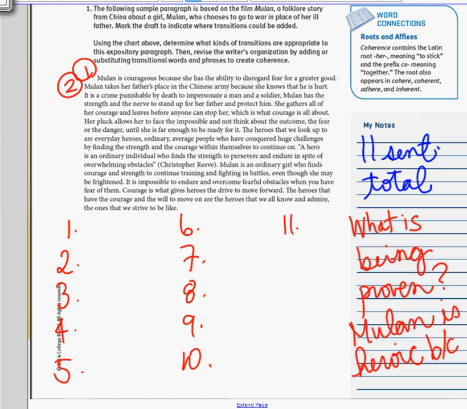Why is Mulan heroic? What's the terminology, not that we're saying, but that the author is saying exactly in that first sentence? Yeah, Ludwig? She's courageous. What else? She has the ability to disregard fear. Yeah, she disregards fear. You got it.